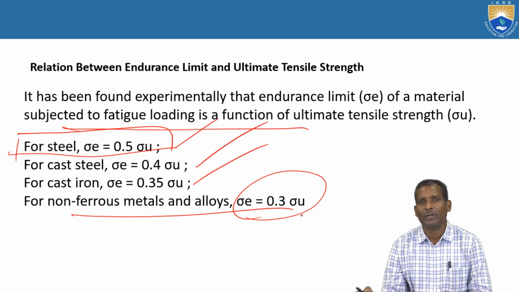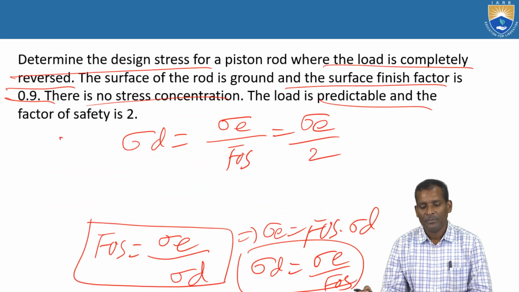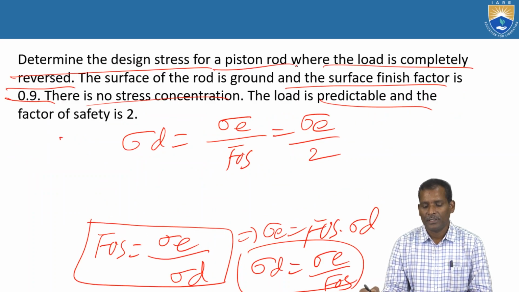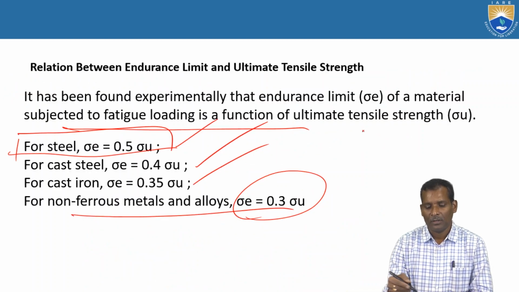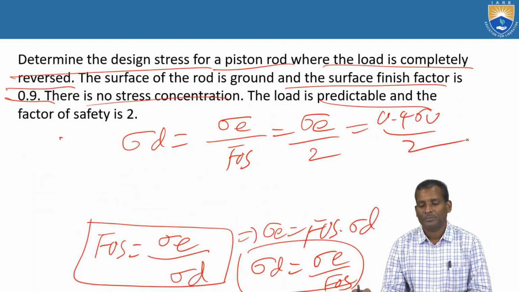So you may assume one material. Suppose you assume cast steel for the piston rod, so sigma D is 0.4 sigma U by 2. This is our design stress in terms of ultimate strength. So like this, you have to calculate.